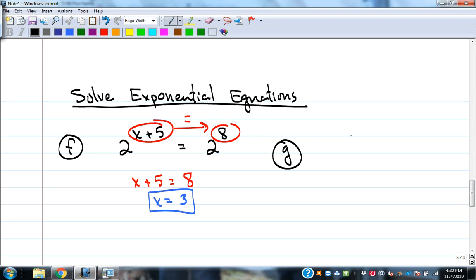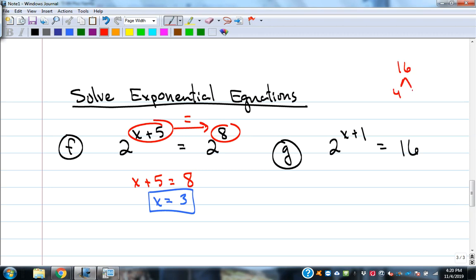Where it gets a little bit more difficult is when they don't give it to you in that way already. What you've got to think about here is not necessarily common factors, but common bases. The left-hand side has a 2 as the base, and 2 is prime. I can't do anything to it, so I'm going to stick with that as my base. How can I rewrite 16 with 2 as a base? Let's think about 16.